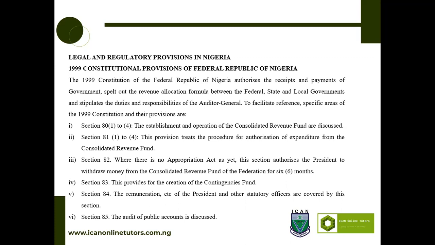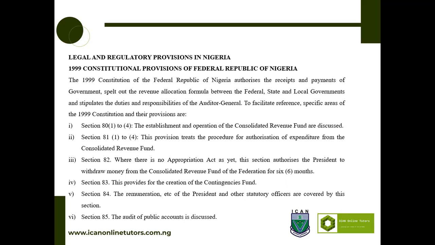We also have section 82, where there is no appropriation act yet. This section authorizes the president to withdraw money from the Consolidated Revenue Fund of the Federation for 6 months. We have section 83 that provides for the creation of the contingencies fund.